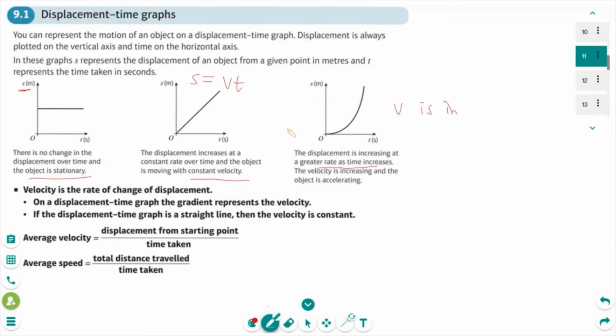For extra information, moving at a constant velocity means the acceleration is 0. Here, the velocity is increasing, so the acceleration is positive.